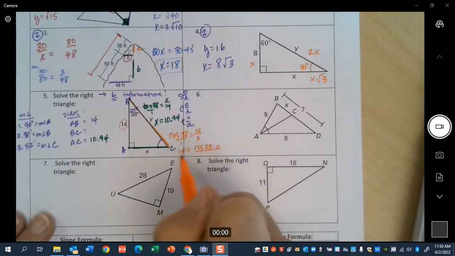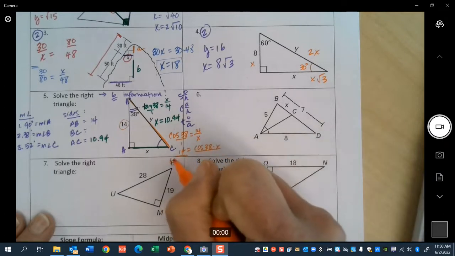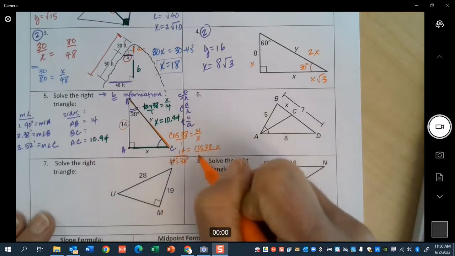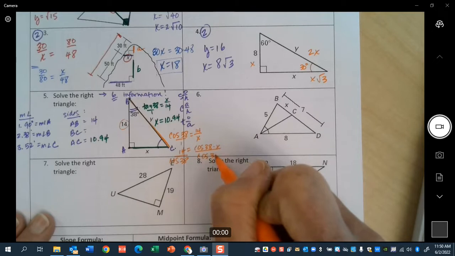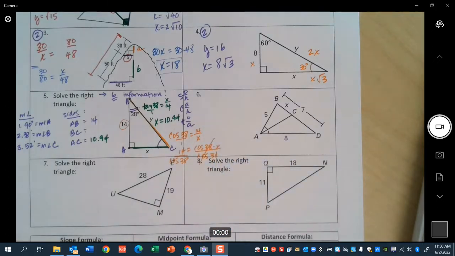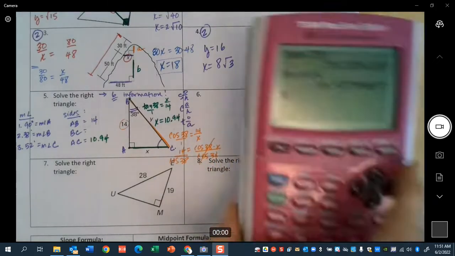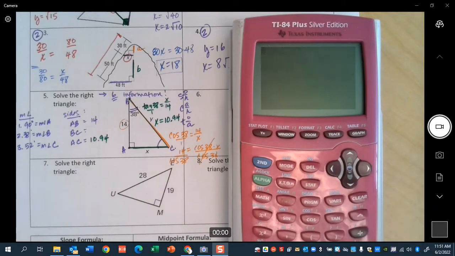So I'm going to divide each side by the cosine of 38, and that'll give me my x. So I'm going to go to my calculator. All right, here's 14 divided by the cosine of 38. 17.77.